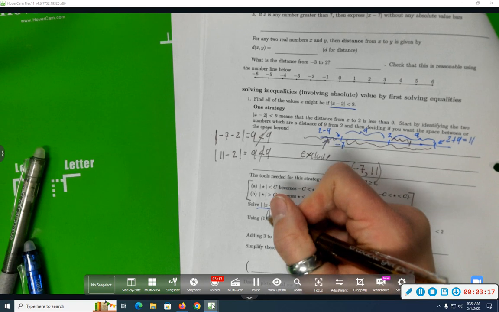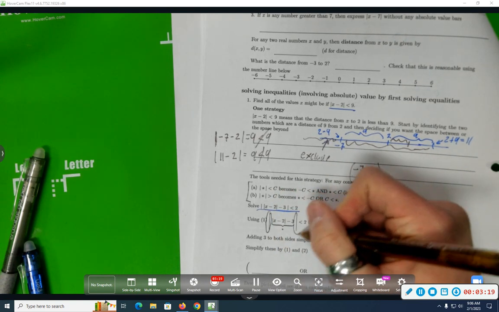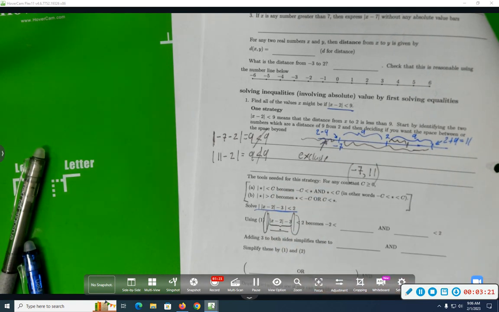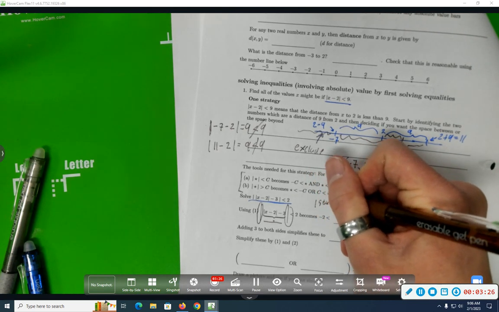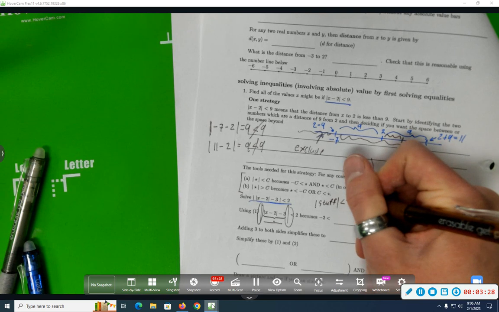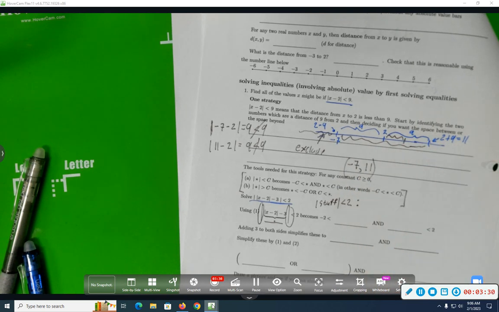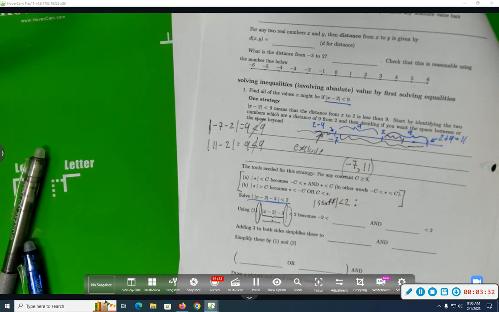So here I see absolute value of some stuff less than 2. According to these rules, what should that become? Yeah.